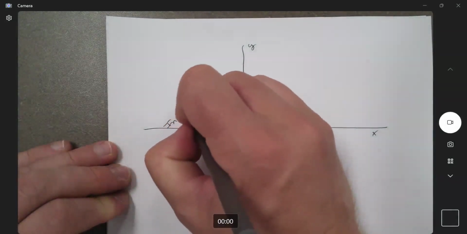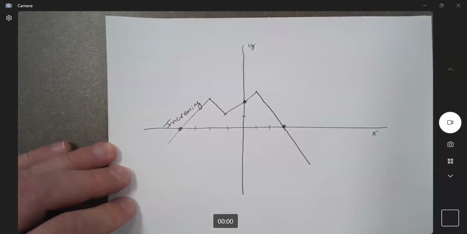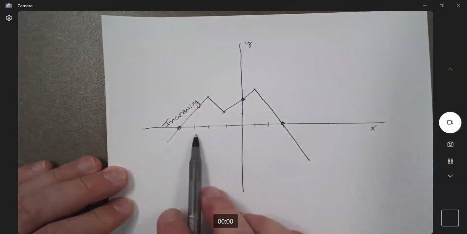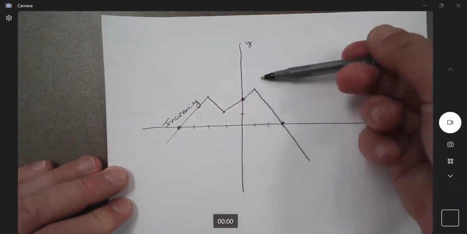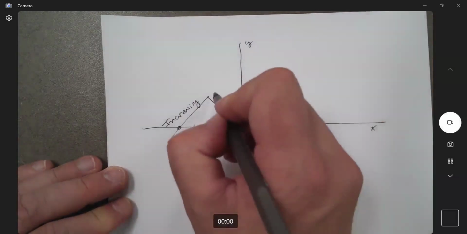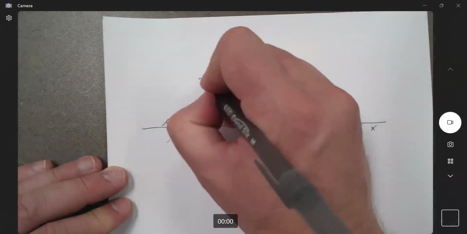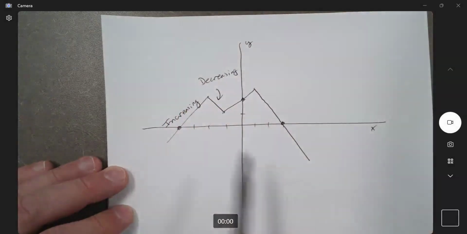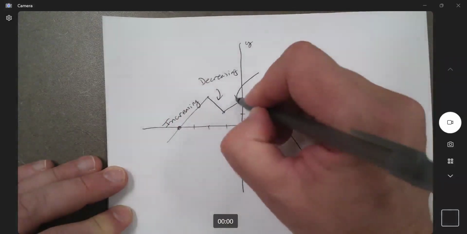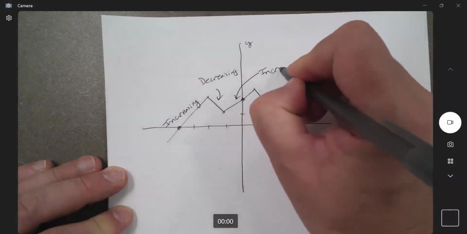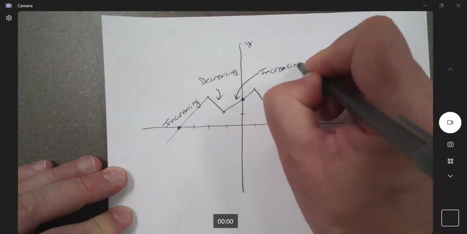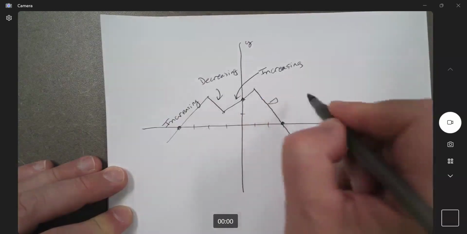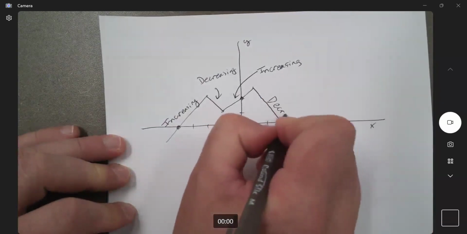And our graph is increasing when, as you move from left to right, your graph goes up. And it's decreasing when, as you move from left to right, your graph goes down. So we have another section where it's increasing. And then another section where it's decreasing.